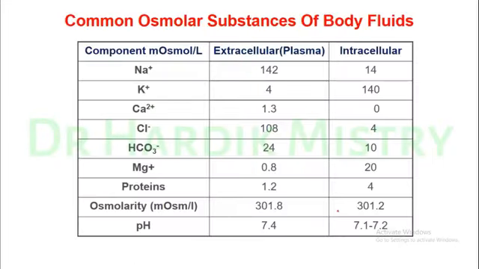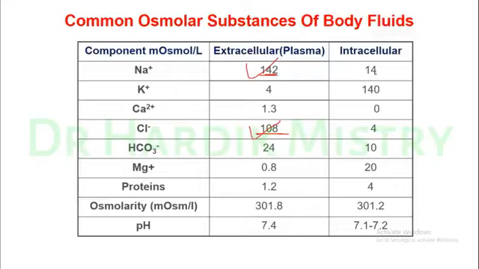Common osmolar substances of the body. In the extracellular compartment, as I told you, sodium is 142 milliosmol per liter, and the second one is the chloride ion, which is 108 milliosmol per liter. So both these are in a higher amount in the extracellular fluid.